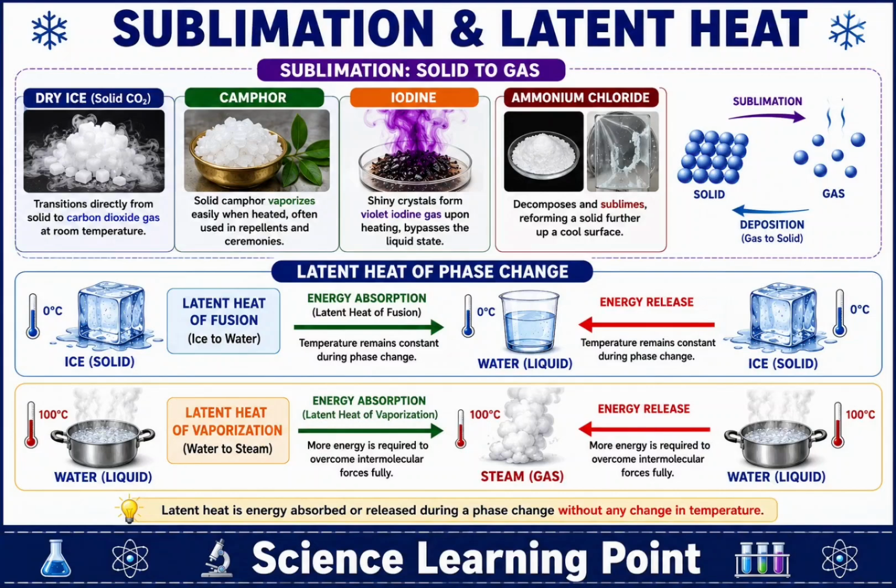Because the heat you are giving is not increasing the temperature. It's being used to change the state. So students, now learn the definition. Latent heat is the energy absorbed or released during a phase change without any change in temperature.